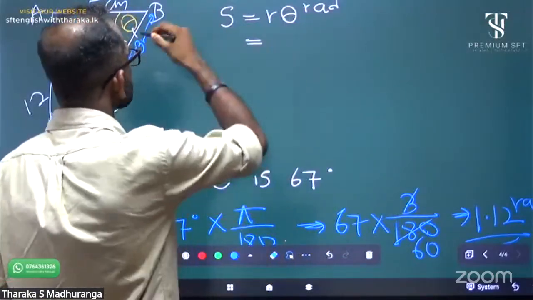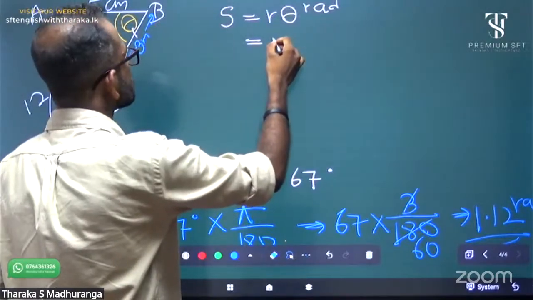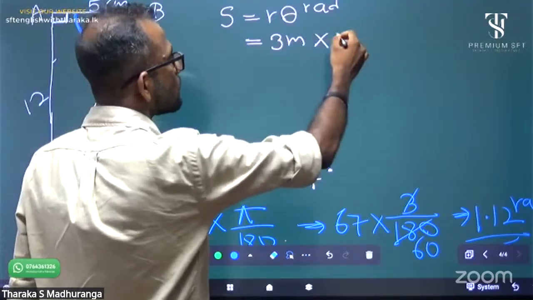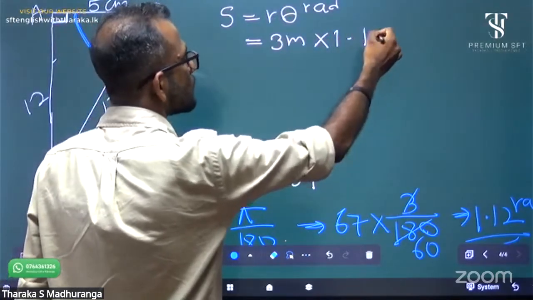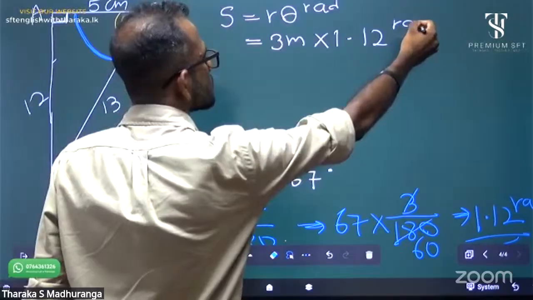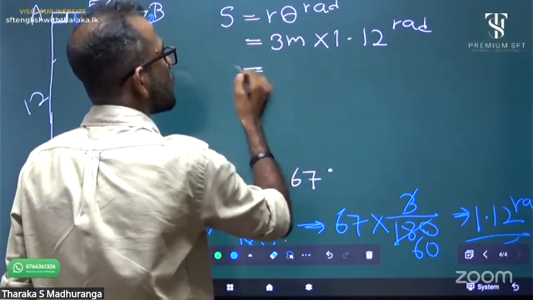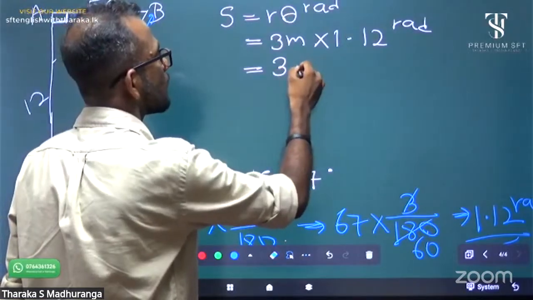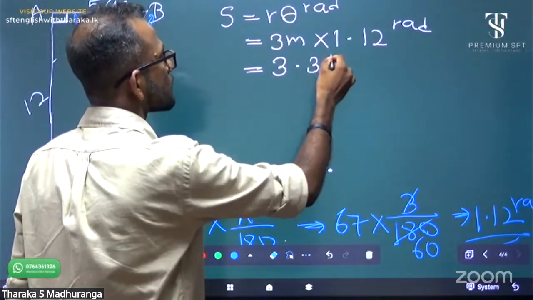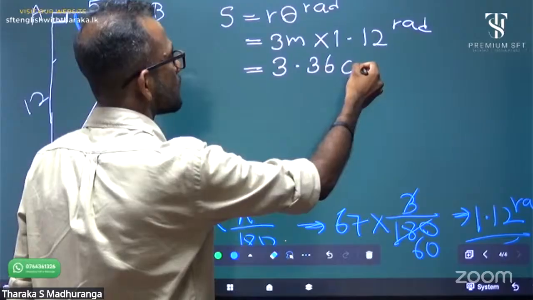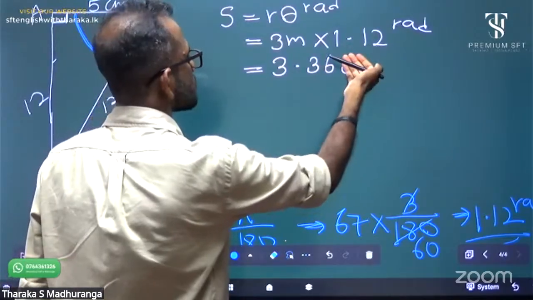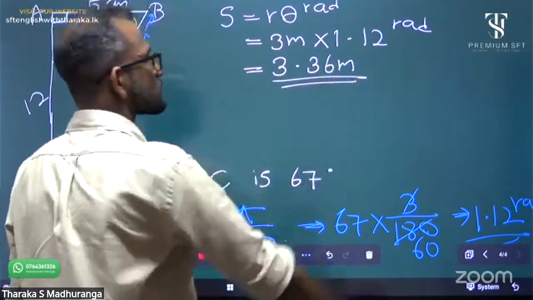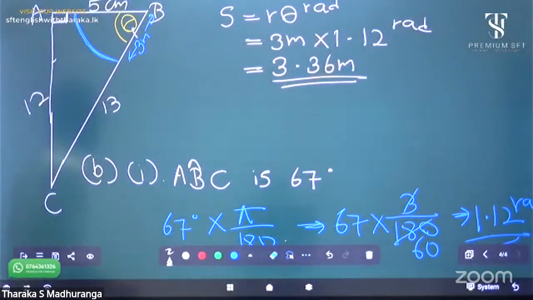The radius of the sector is 3 meters, times 1.12 radian. 1.12 times 3 is 3.36 meters. Clear?